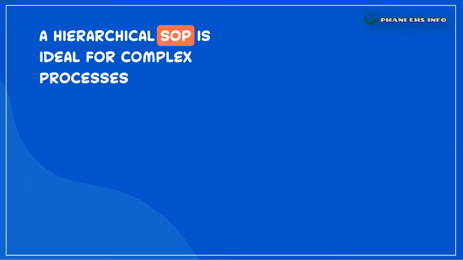Now, how to prepare SOP? To prepare SOP, we have to follow hierarchical SOP. A hierarchical SOP uses a top-down approach to break down the process. It covers the following. First one, policy. Establishes the scope of SOP, including what is and what is not to be covered.